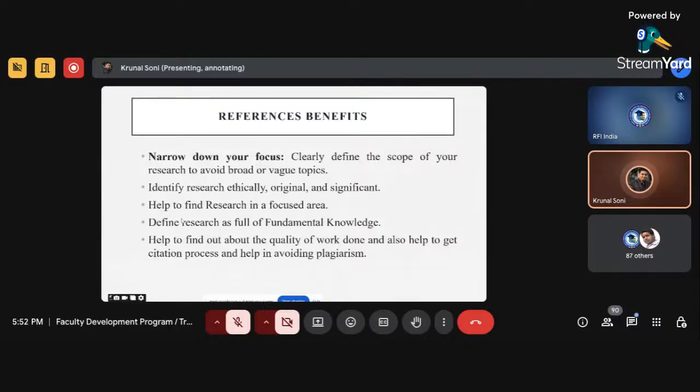So tomorrow, if our research is correct on all grounds, and if others want to take references from us, and this system is not established, how can researchers take credit for their own research? So that is where the citation process matters, as far as all this process that we have to do.